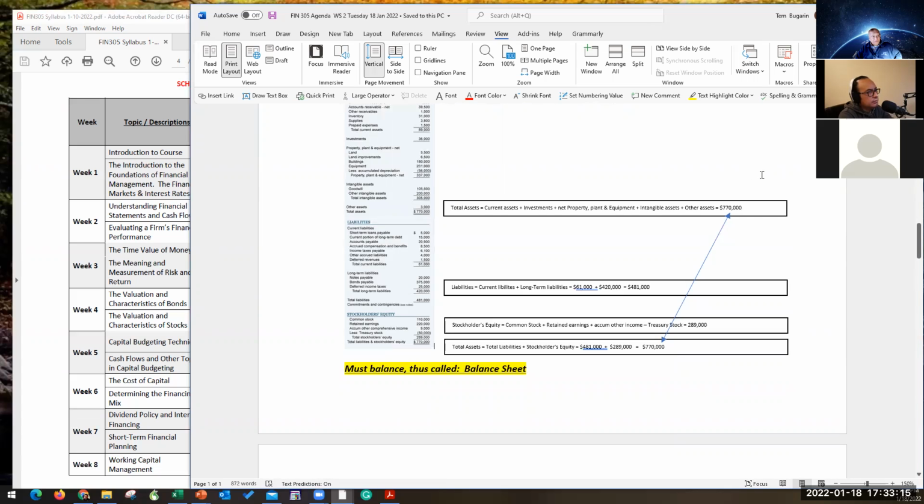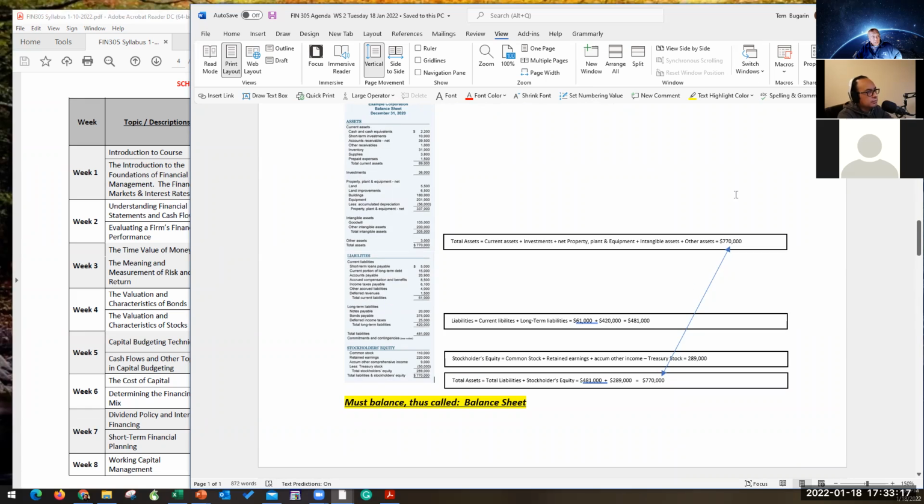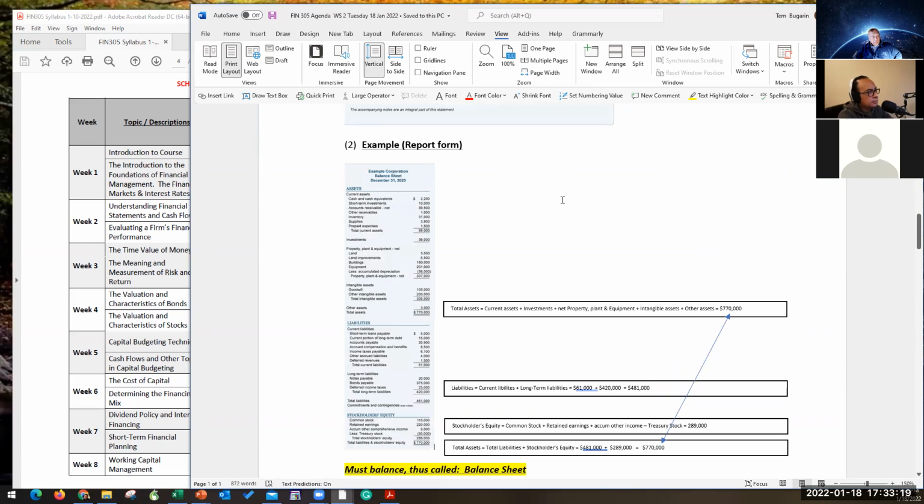Okay, and what you'll have to do is put those elements in the proper location. Is it an asset? Is it a liability? Or is it stockholders' equity? Those are the three categories.